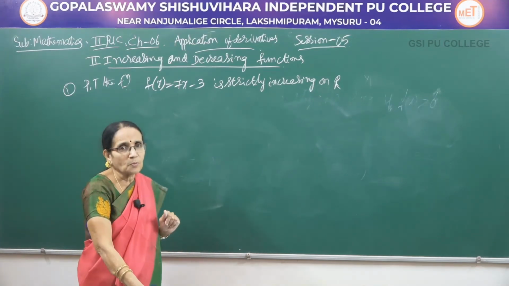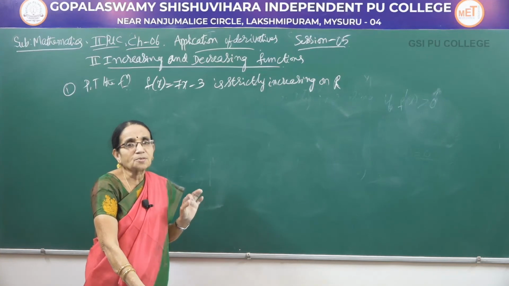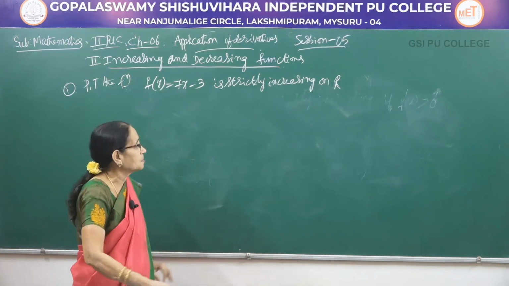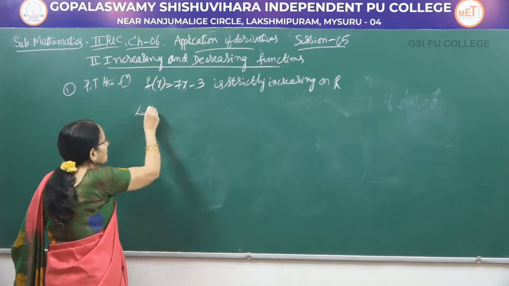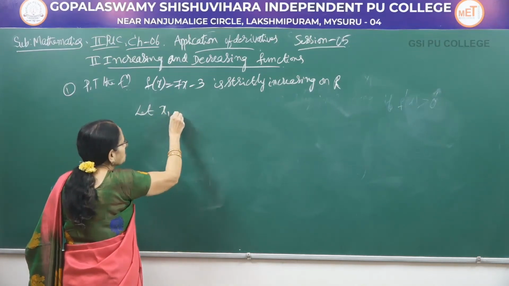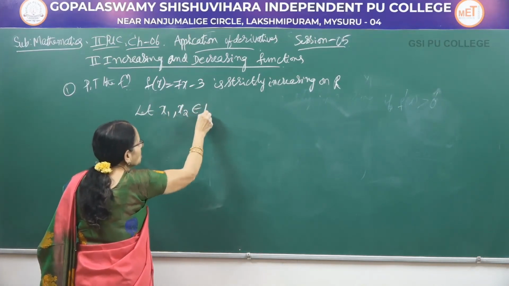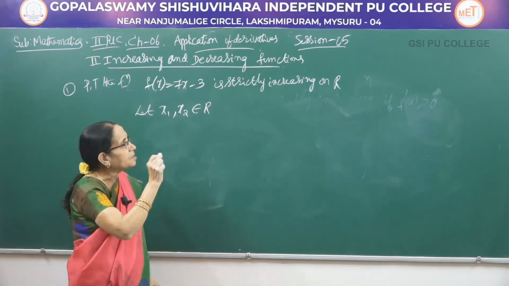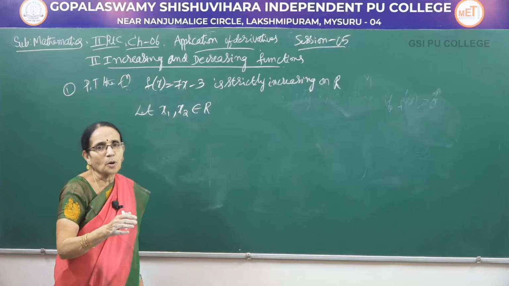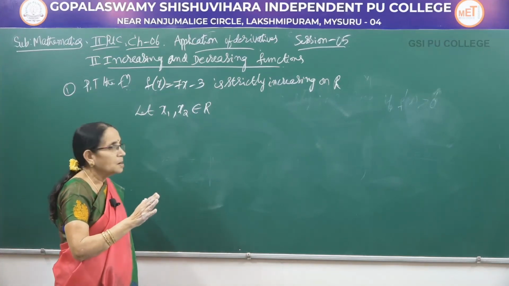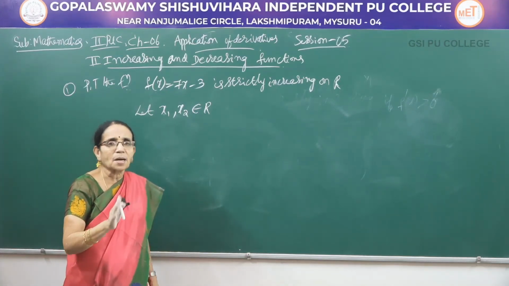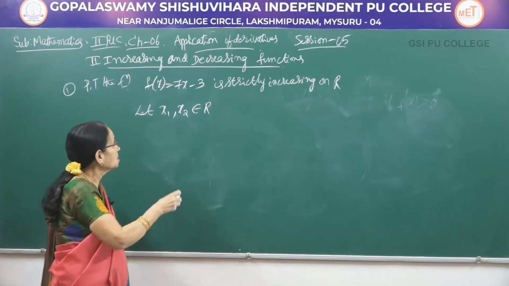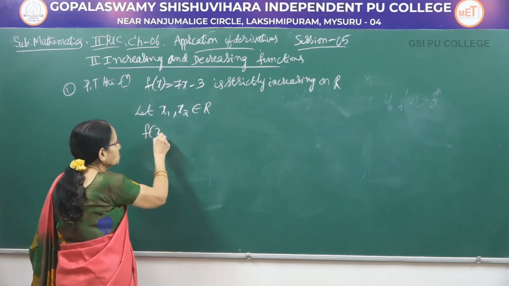What we have to prove now is that it is strictly increasing. So what I do is, I consider two numbers. Let x1, x2 belong to R, because the domain of the function is the set of the real numbers. So I have taken 2 points x1 and x2 belonging to R, that means two real numbers x1 and x2. Now what would be f of x1?